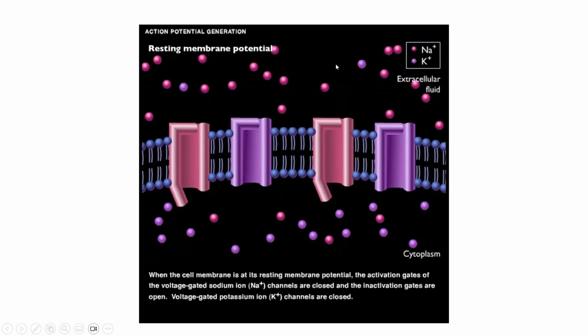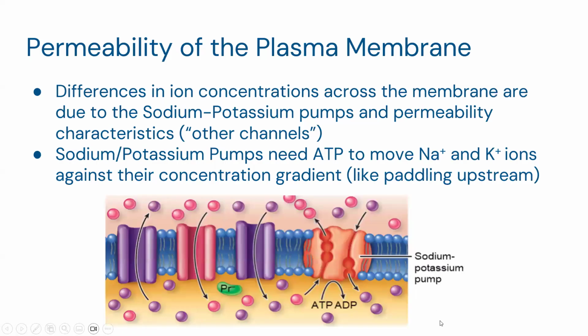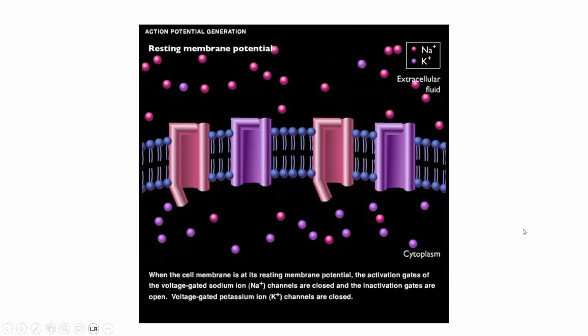When we're starting at resting membrane potential, all of our voltage gated channels are closed. When we say voltage gated, what we mean is that these are going to open and close in response to changes in voltage. So when we start off, we have a lot of sodium on the outside. We have a lot of potassium on the inside because our sodium potassium pump has pumped out the sodium and pumped in the potassium.